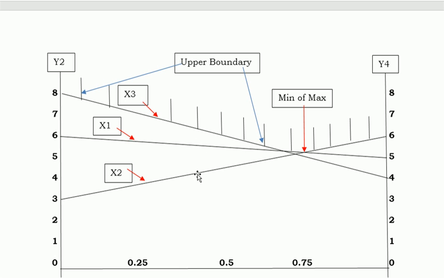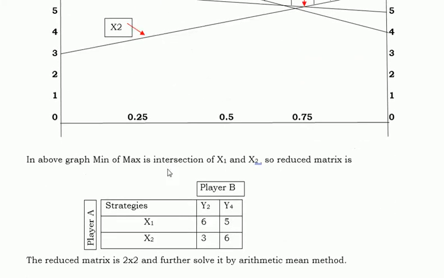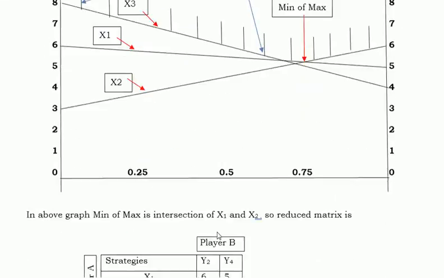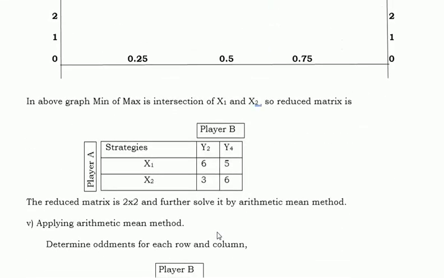This minimum of maximum intersection point is the intersection of x1 and x2. So among the three strategies, the remaining strategies are x1 and x2 only. See here, I deleted the x3 row and the remaining rows are x1 and x2. The order of the matrix is reduced: earlier it was 3 by 2, now it is reduced to 2 by 2.